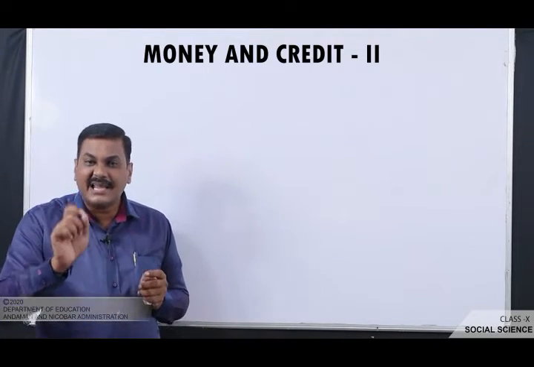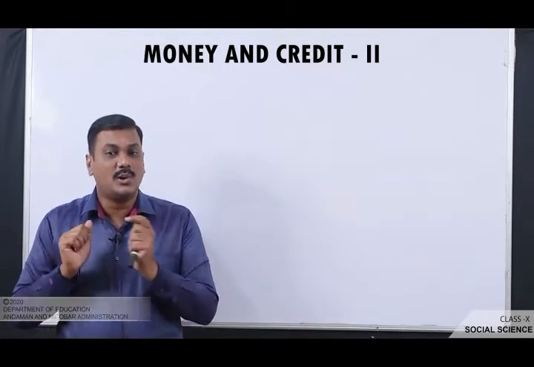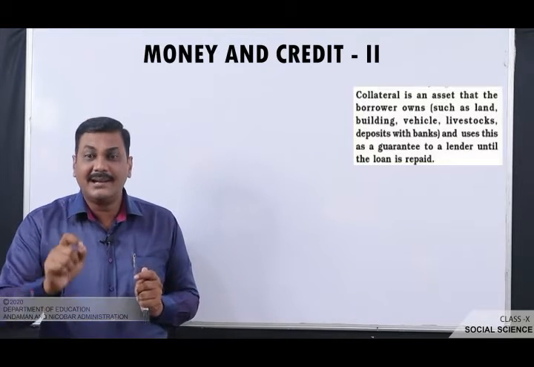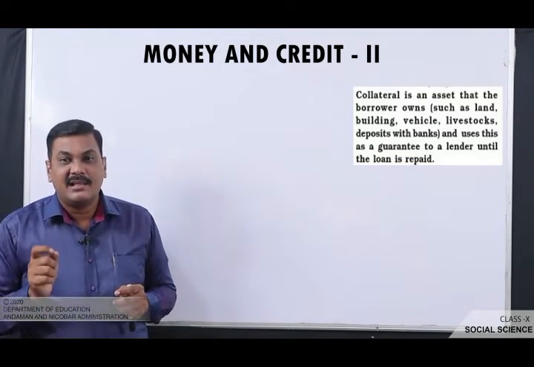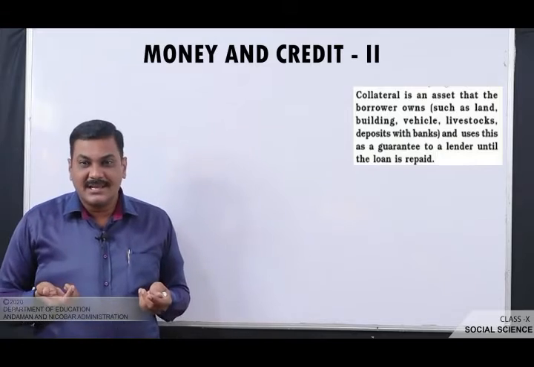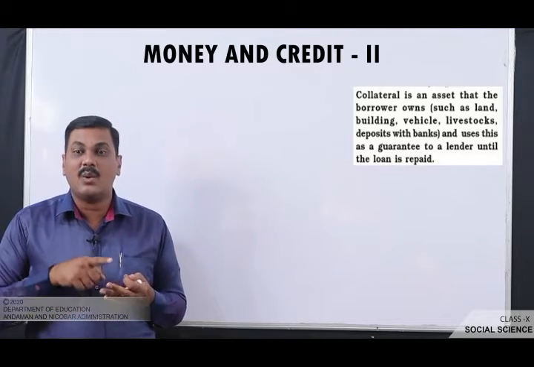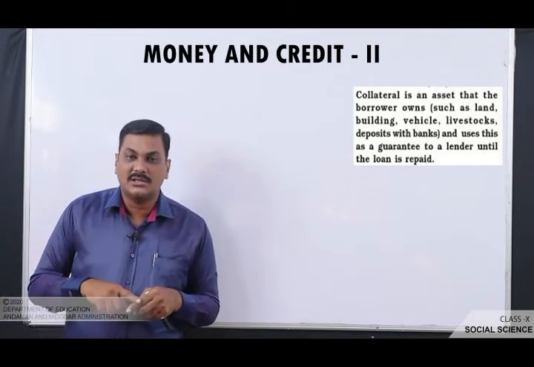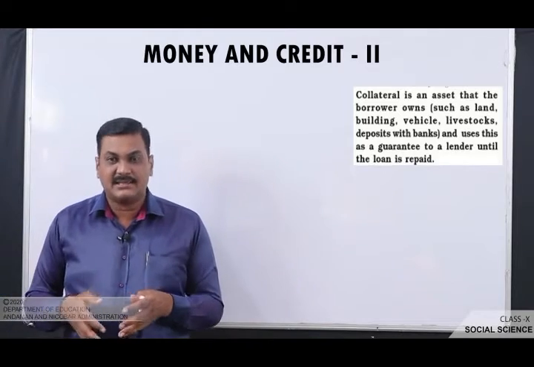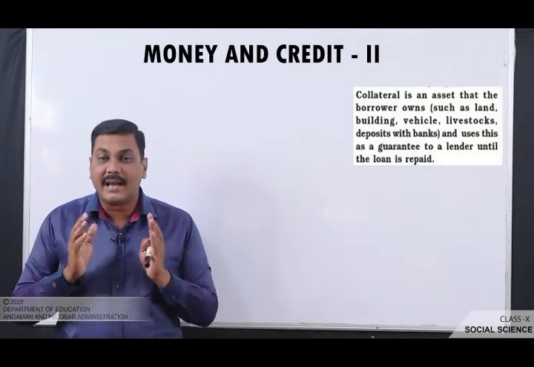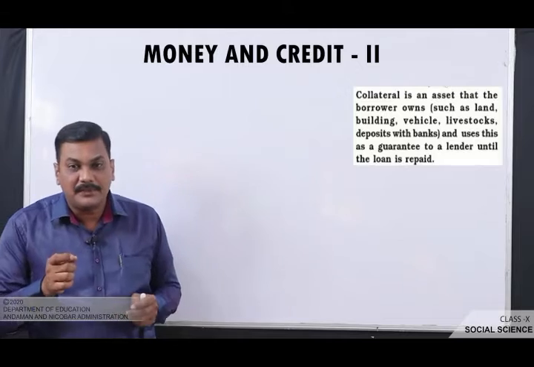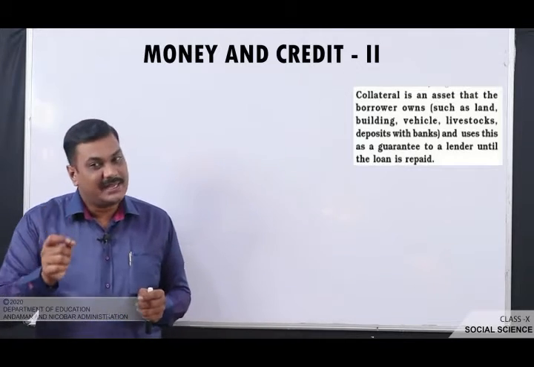Collateral means it's a security against the loan. Collateral is an asset that the borrower owns, such as land, building, vehicle, livestock, deposits with banks, and uses this as a guarantee to a lender until the loan is repaid.